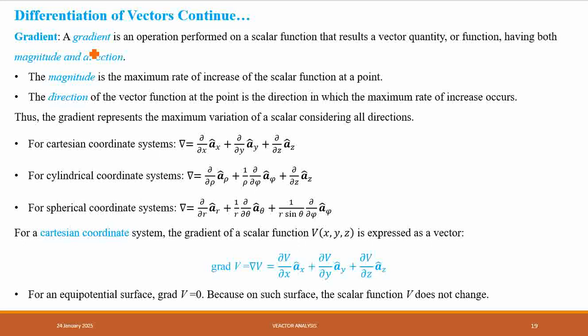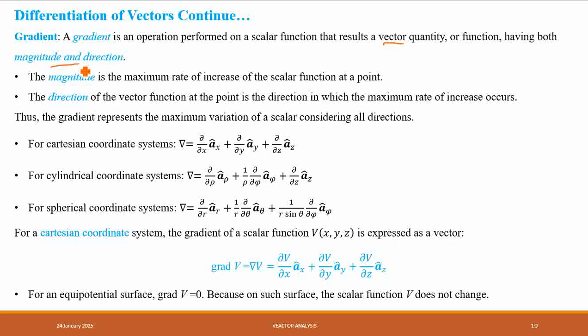What is the gradient? Gradient is an operation performed on a scalar function that results in a vector quantity or function. Since the gradient of any scalar gives a vector quantity, it has magnitude and direction.